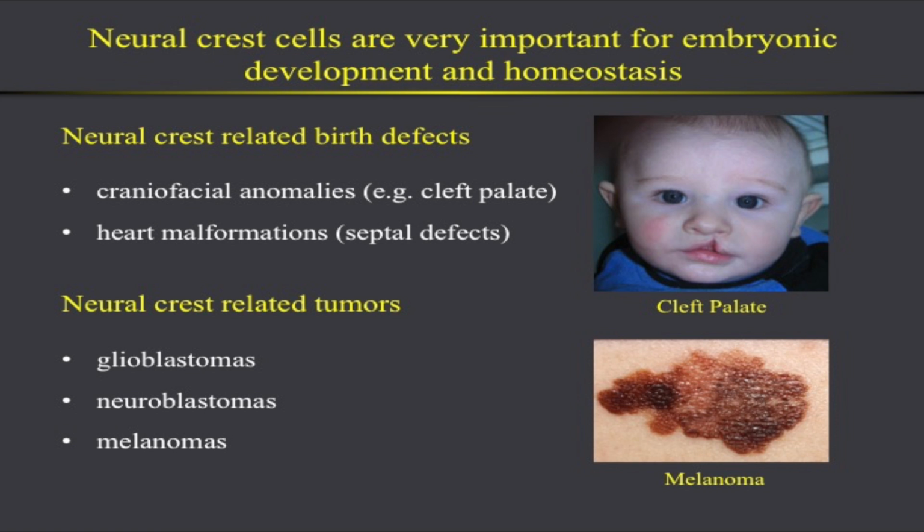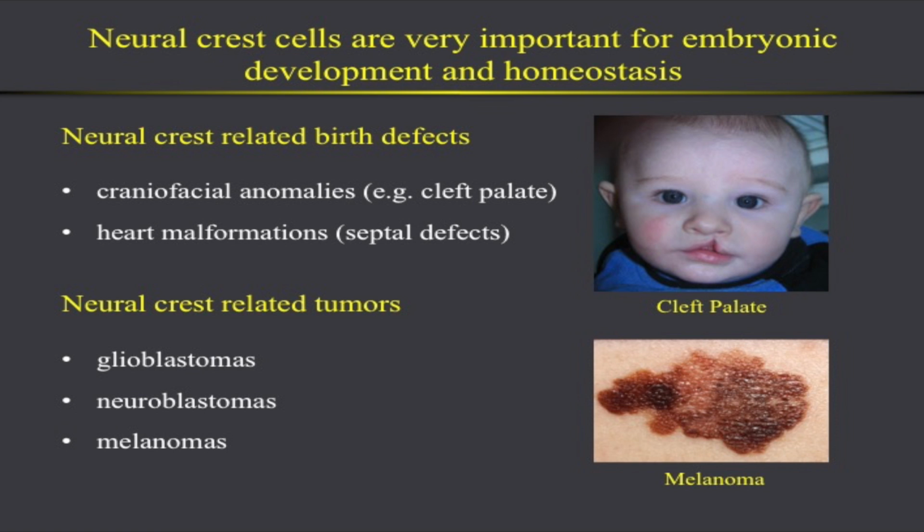And in adults, defects in neural crest development also give rise to several different types of tumor, including melanoma, glioblastoma, and neuroblastomas.